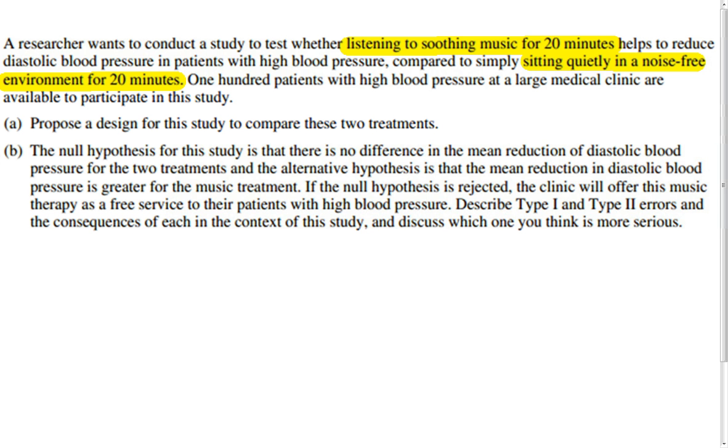is music being played. So the question is how to best use the 100 patients that we have available in order to get a statistically valid study that we can then make decisions on. If you go ahead and take those 100 people, you could test every one of them twice. That's one way you could do it.